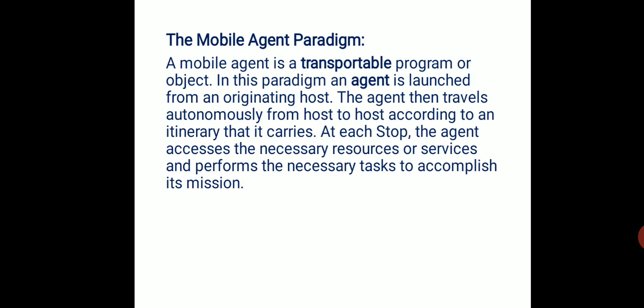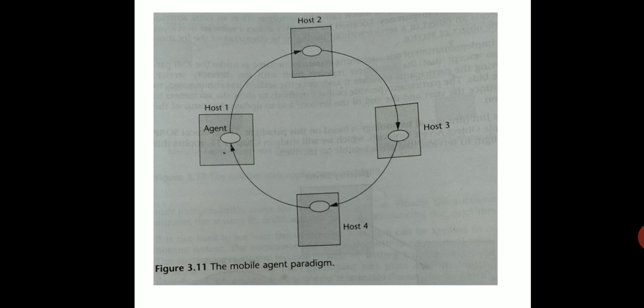At each stop the agent accesses the necessary resources or services and performs the necessary task to accomplish its mission. So here the mobile agent is a transportable program, that means the agent transports from host to host and accomplishes its task.